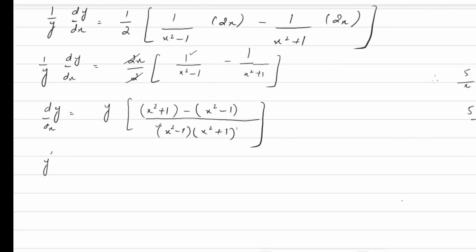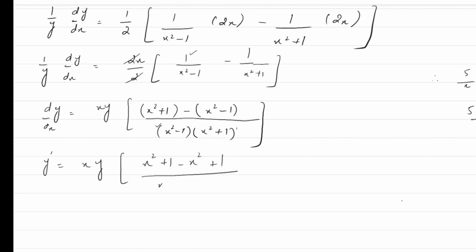So y dash is equal to x into x square plus 1 minus x square minus 1, divided by x square minus 1 and x square plus 1.